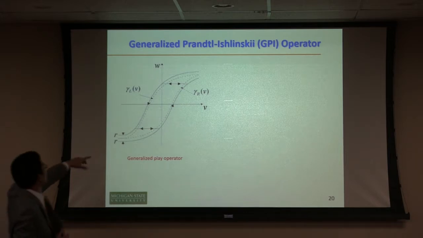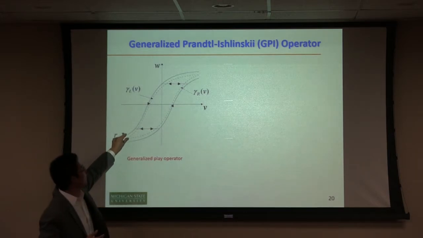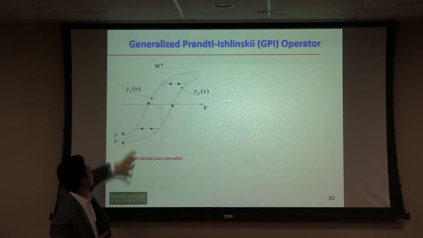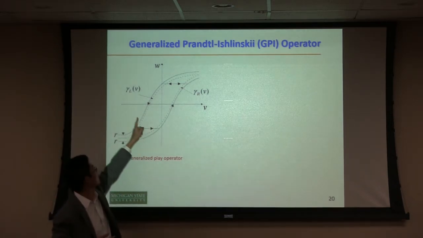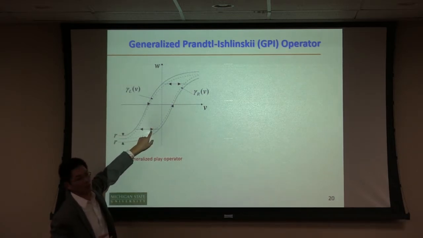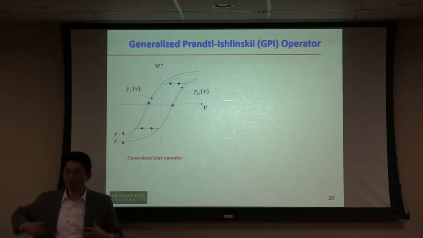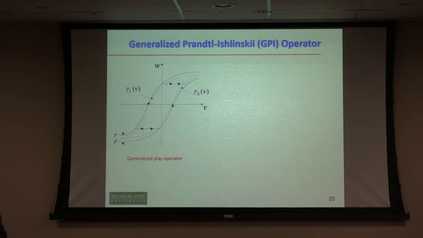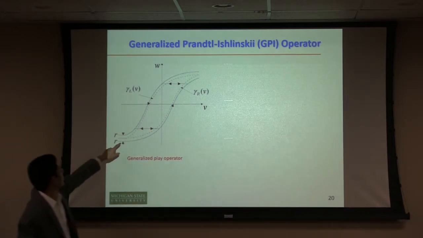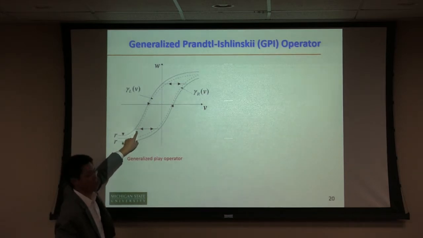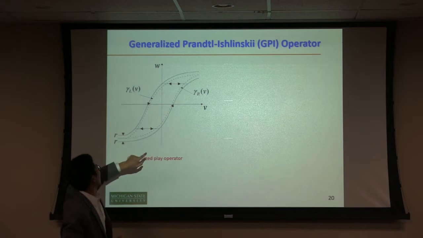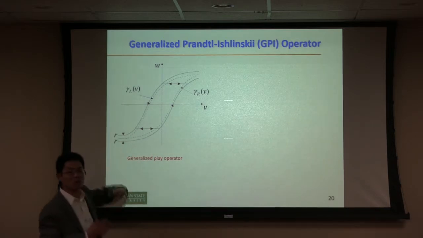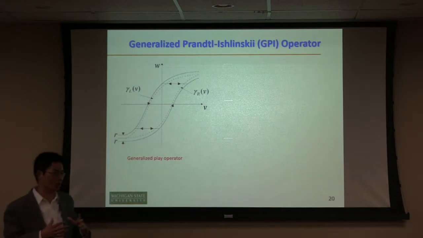generalized play operator. Okay, I want you to focus on the dashed line curves. Forget about this outline for now. Now you have two envelopes, two curves on the left and on the right. These are so-called envelope functions. When I don't have any radius, r equals 0, that's what you see for the dashed line curve behavior. Now when you have a radius r, I'm going to inject radius r.